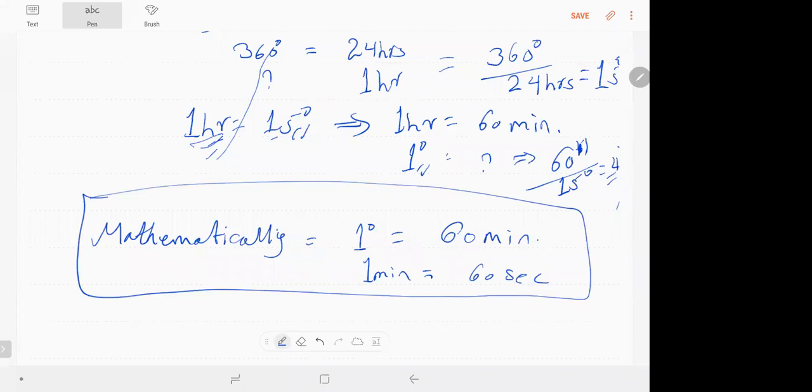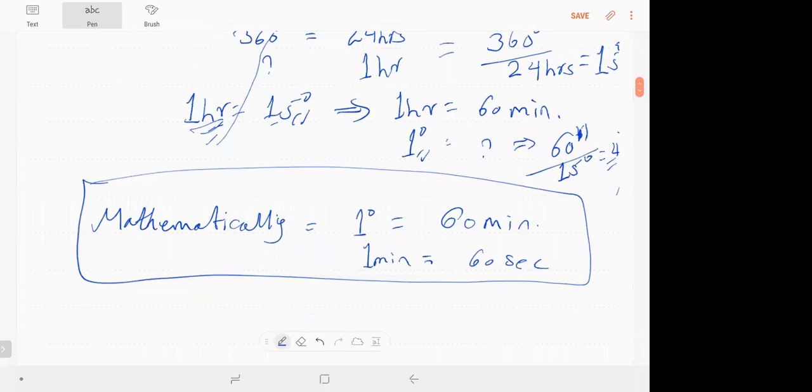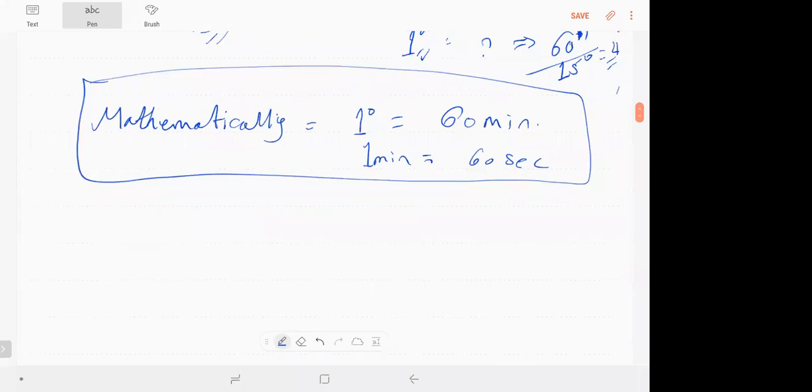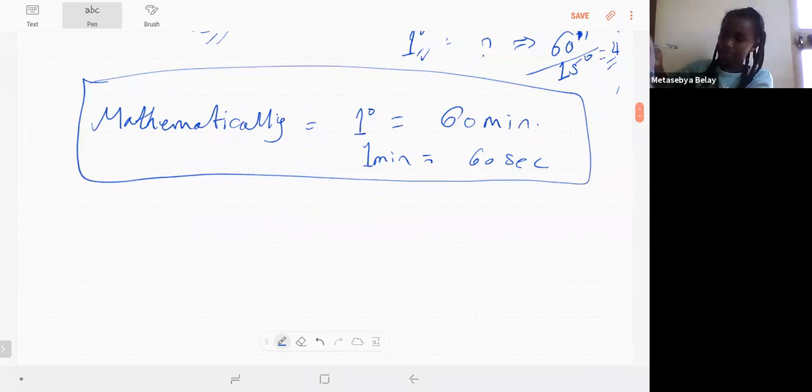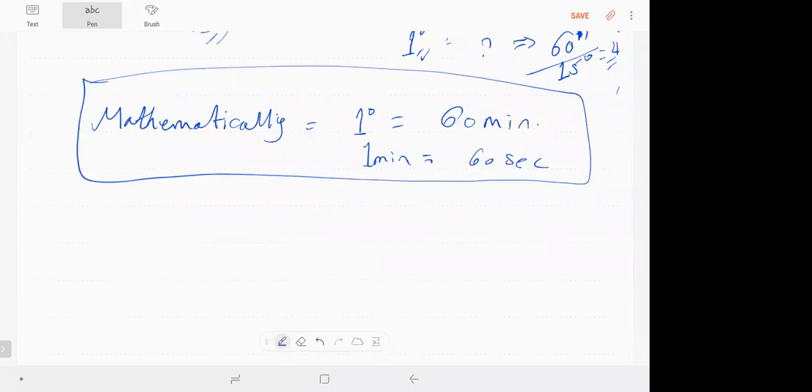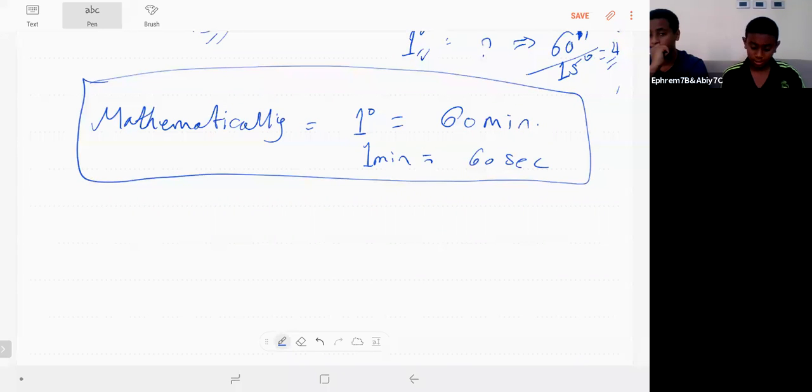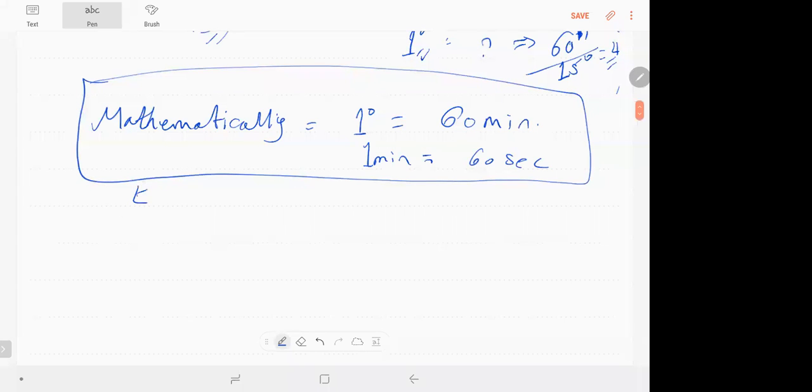So in calculating time and longitude difference, we use both. Let's see an example. Is it clear first before taking an example? Clear? Yes. Let's see an example.